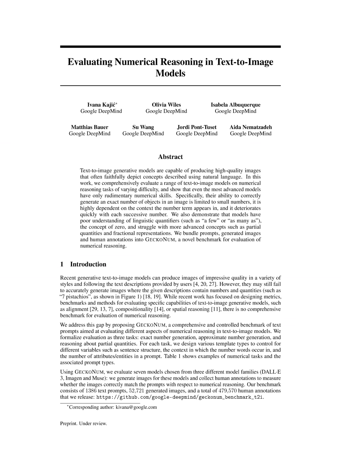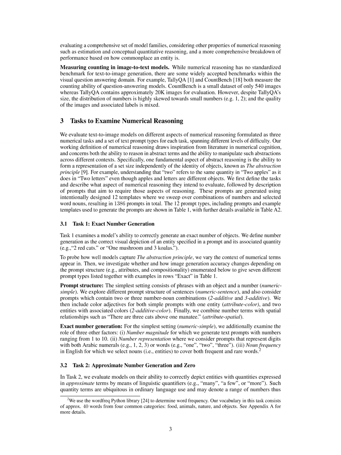It formalizes evaluation into 3 tasks: exact number generation, approximate number generation, and reasoning about partial quantities. The method consists of 1386 text prompts, 52,721 generated images, and a total of 479,570 human annotations.